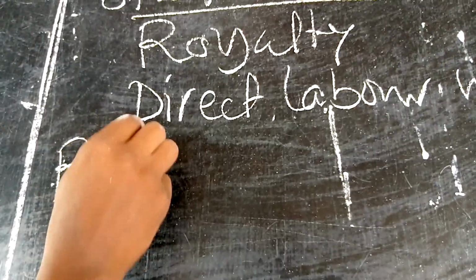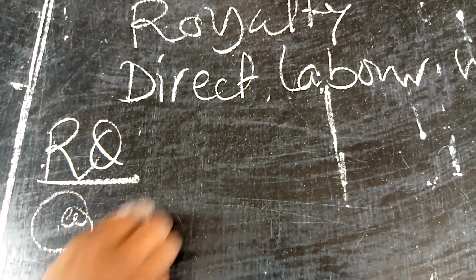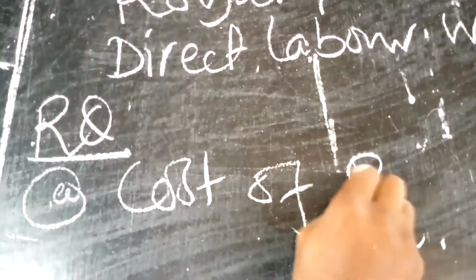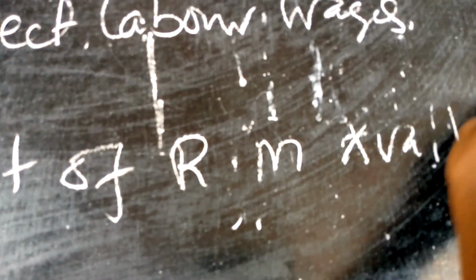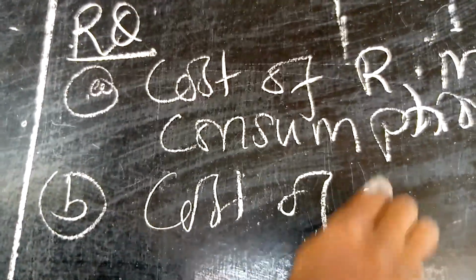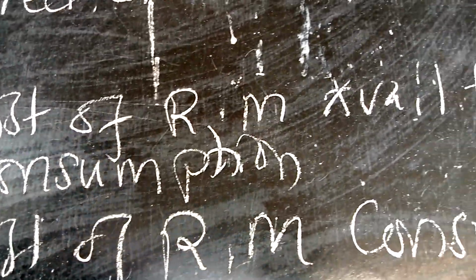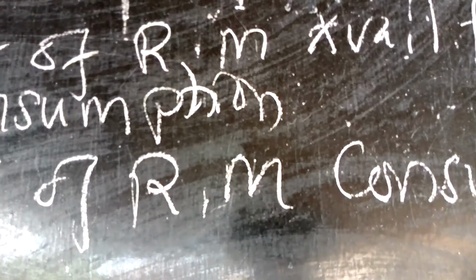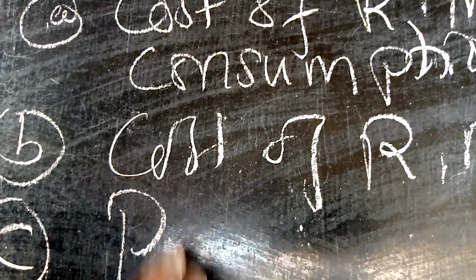Requirement of the question: cost of raw material available for consumption, cost of raw material consumed or used during the period, and the last part, prime cost.